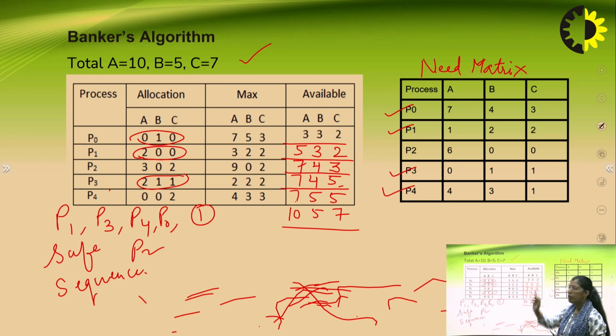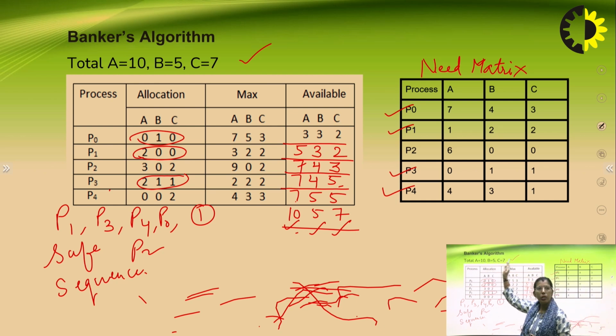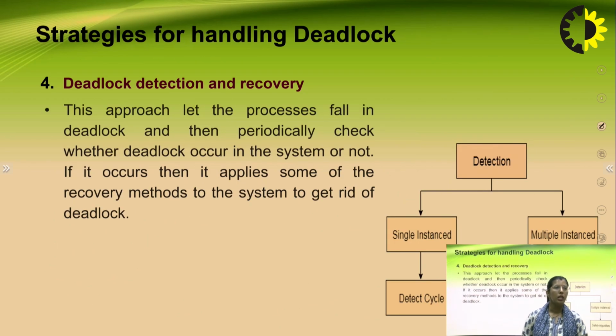Also, you need to check that after the execution, this value must be equal to the total resources available in the system. So this is how Banker's algorithm works.